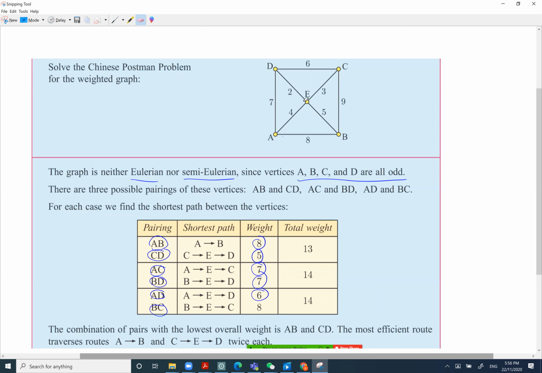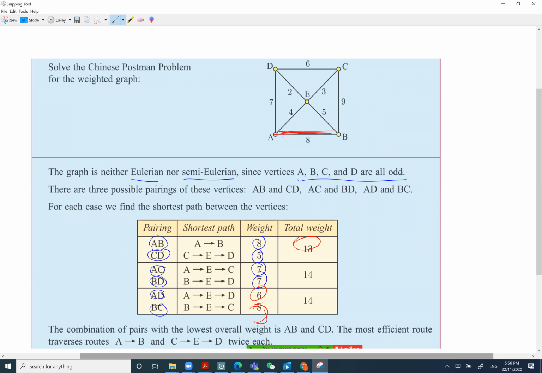So if you need to start from one point and go back to that point, you repeat some edges. So in this question, we need to choose AB and CD, because if these repeat, you get a smaller number. So we choose AB.